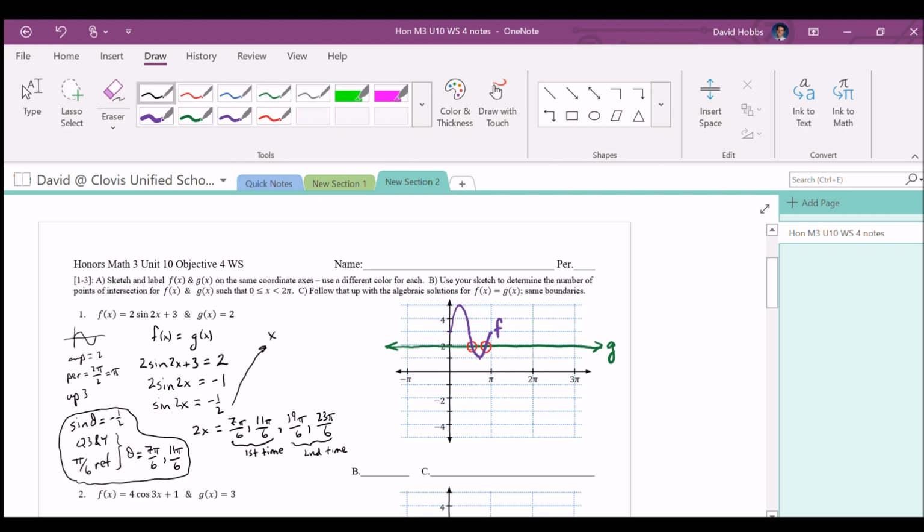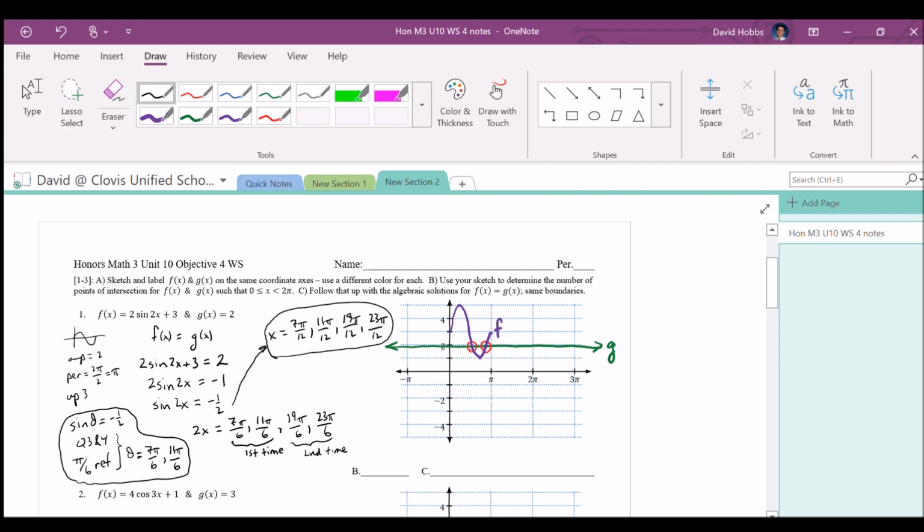So if I multiply by 1/2, I get x equals 7 pi over 12, 11 pi over 12, 19 pi over 12, and 23 pi over 12.